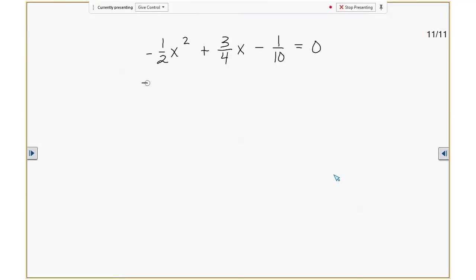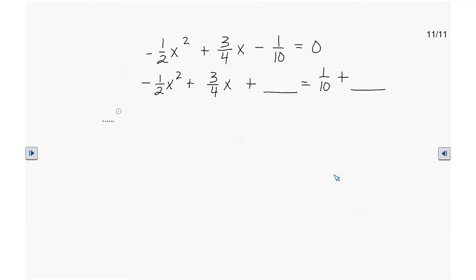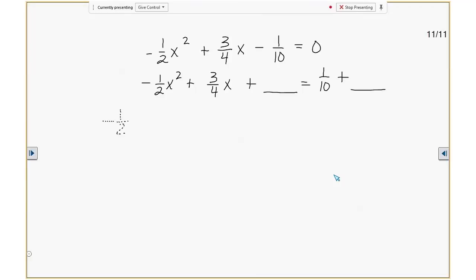First thing, move C. I'll do that for you. There you go. Now, factor out that -1/2. I'm going to do it like this because I'm going to write out what we're actually doing, and then after I do it, I'll change that to a solid.